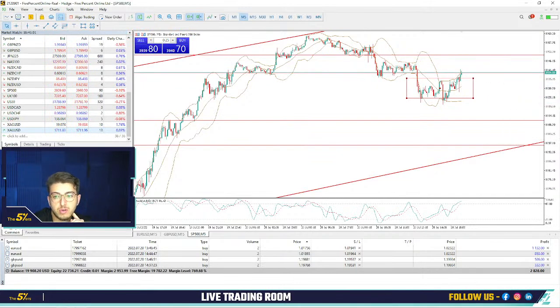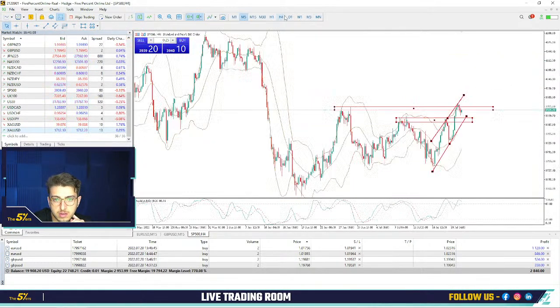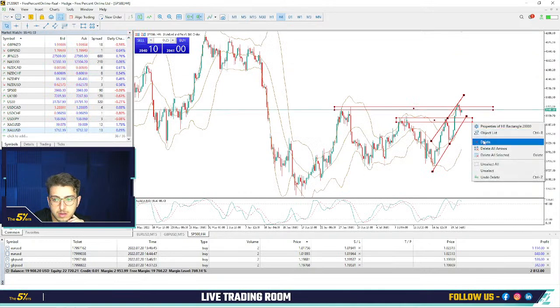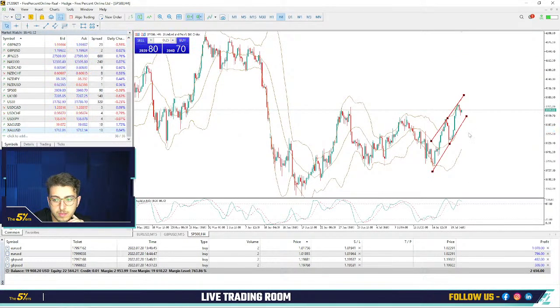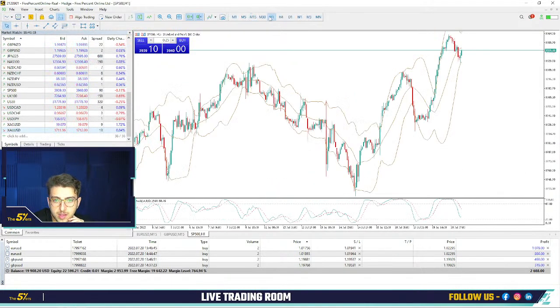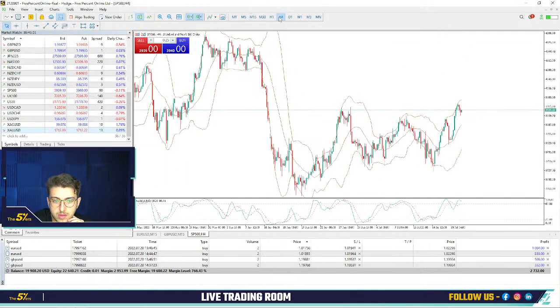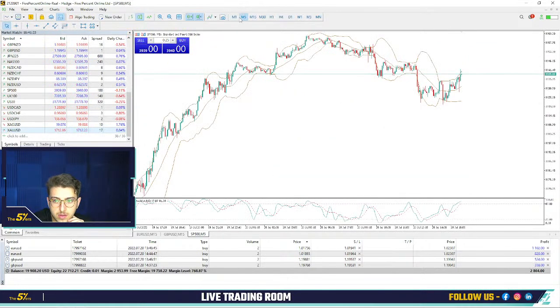Yeah, this one is an important zone as well, guys. I didn't look at that before, but I think I put a line. It was on M5. Okay, on M5 we have this spot here.